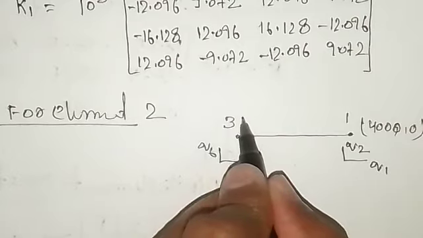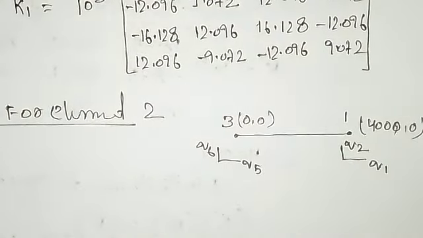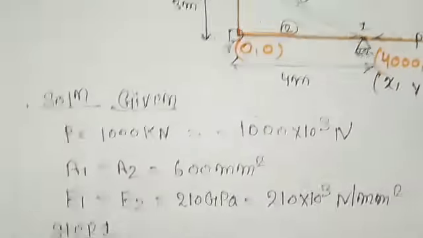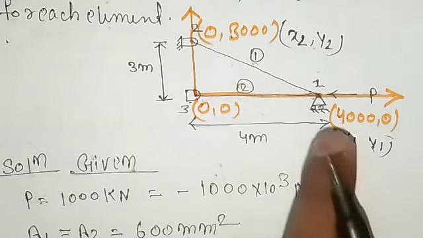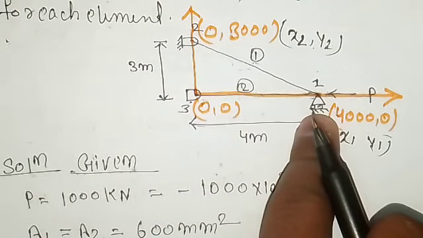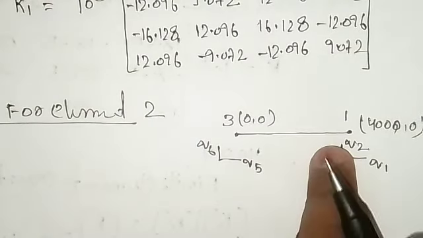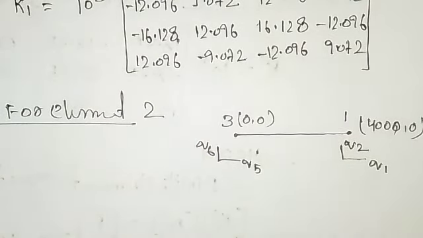And its coordinate is 0, 0. Why? Because it is at the origin, right? So again I'll show you. This is 4000, 0 and 0, 0. Here you have the nodal displacements Q1, Q2, and this is Q3, Q4. This is Q5, Q6. So that's why it is Q1, Q2 and Q5, Q6, right?